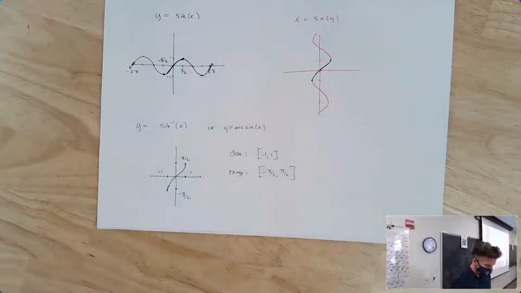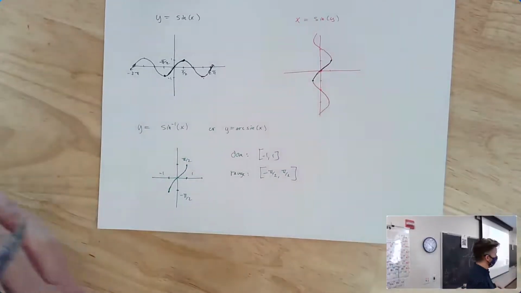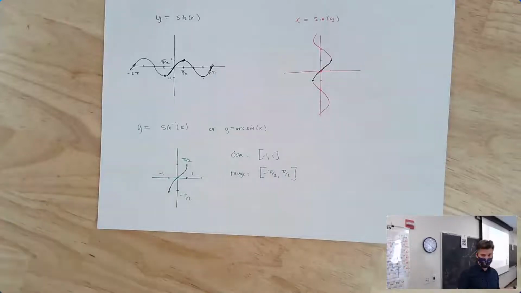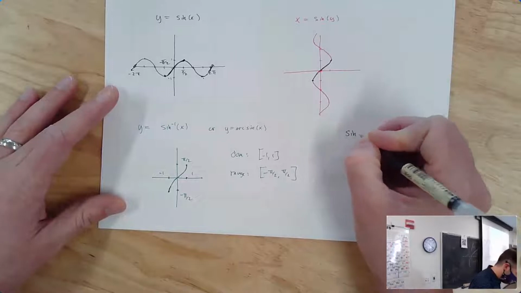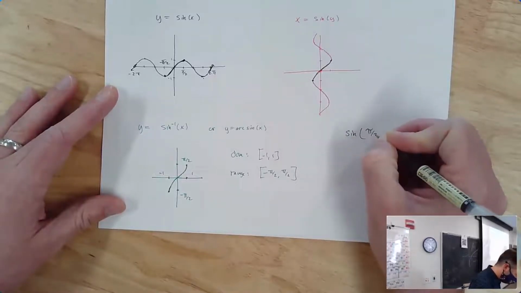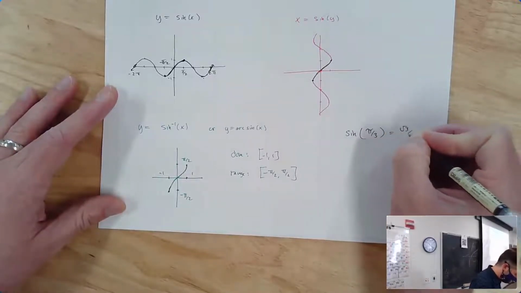And then I should point out, it's a good idea to know how to deal with the inverse sine function. So hopefully you guys remember how to evaluate trig functions. I know it might have been a while, but for example, we can find that sine of pi over 3 is the square root of 3 over 2.